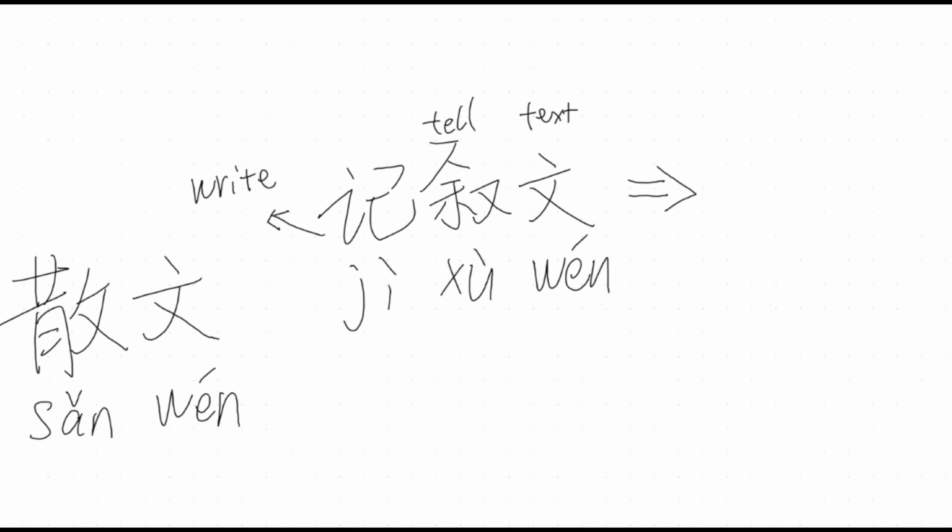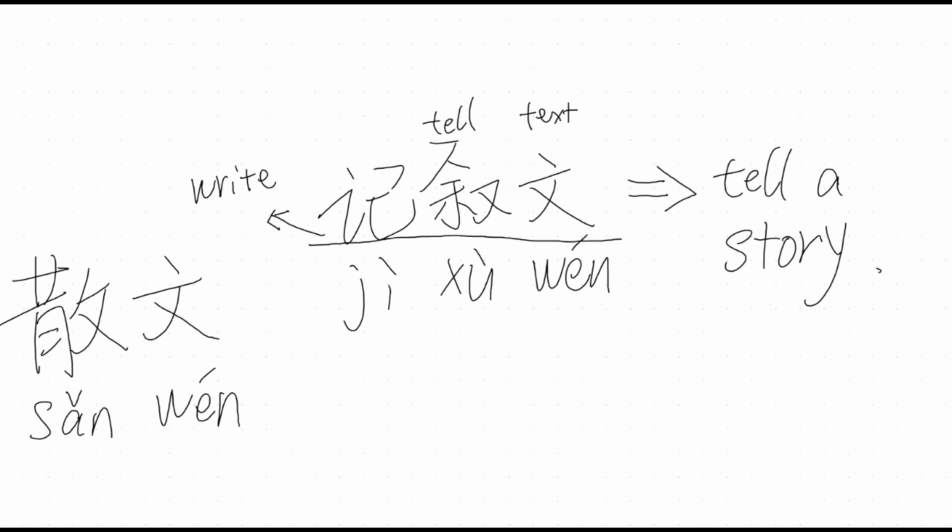It's about telling a story. So 记叙文 is when you write a story. 记叙 means you write down something that happened or you imagine it happened. So, tell a story.